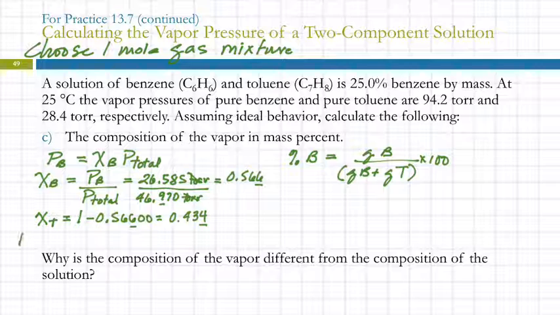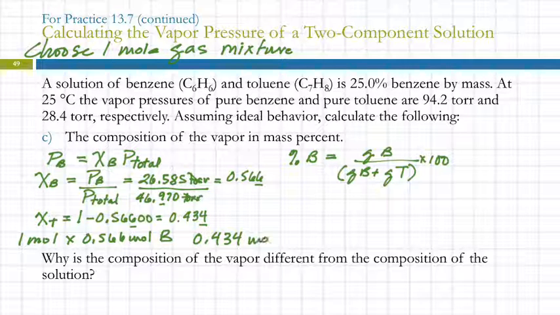So if I have 1 mole of the mixture, that means I have 0.566 moles of the benzene, right? And I have 0.434 moles of toluene. Okay with that? Now, can I convert those to grams and plug them into my percent mass equation? Yes, I can. It's very tedious, but we can do it.